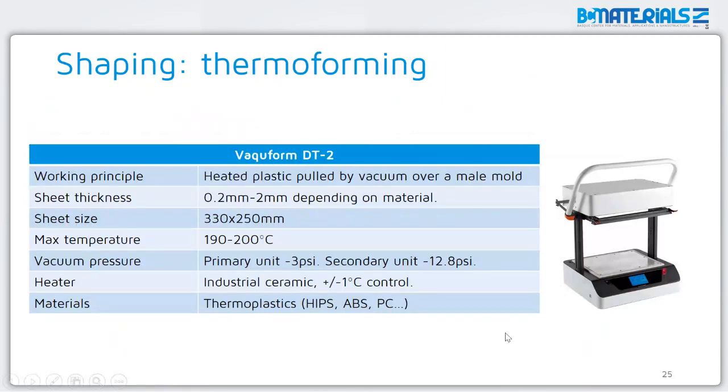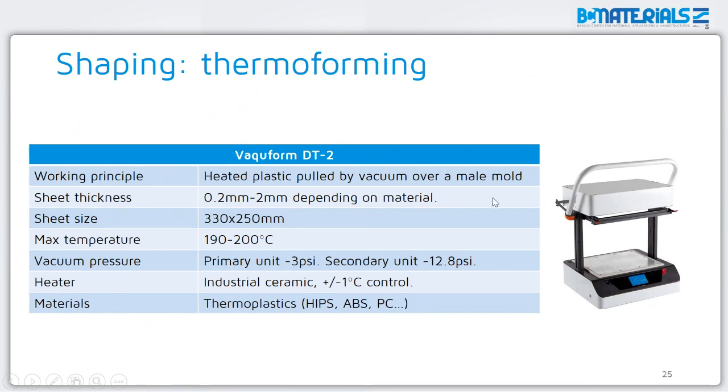Then thermoforming. We've purchased this desktop thermoformer. Basically, in thermoforming, what you do is you have a sheet of thermoplastic. You heat it up, and then you press it against an object, a master object, to make a mold, or to make a thermoformed object.